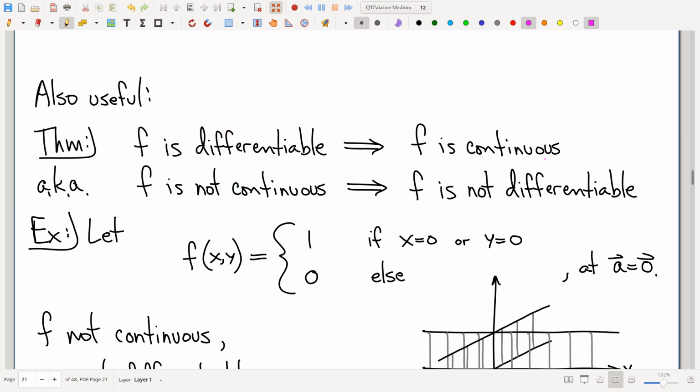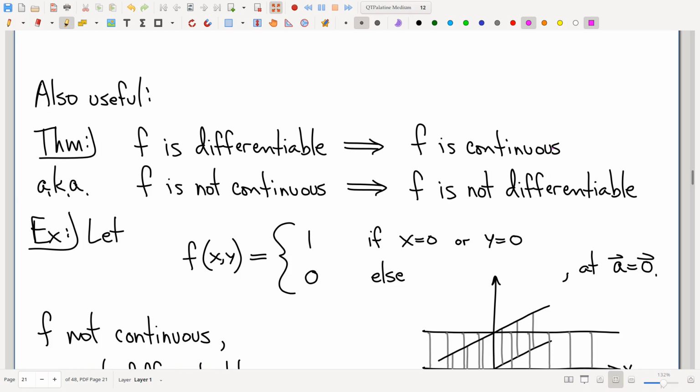It's rare that we're going to be using differentiability to prove continuity. It's just not what we need, right? So the way we're going to use this fact is by talking about its contrapositive. This is a lovely little construction. If y'all have ever had a course or a part of a course that talks about logic, the contrapositive is one of the fundamental sort of constructions of logic.